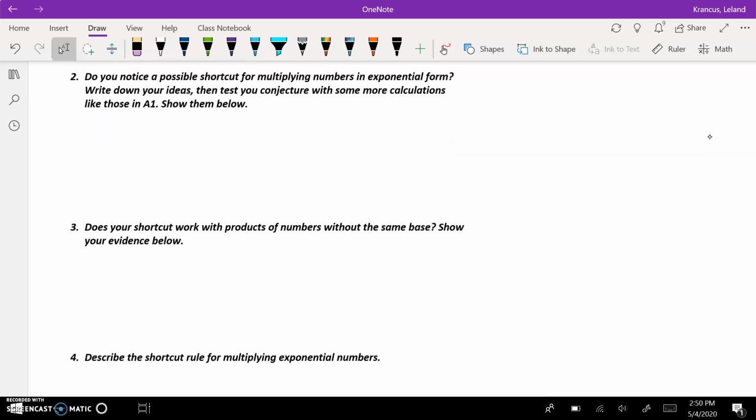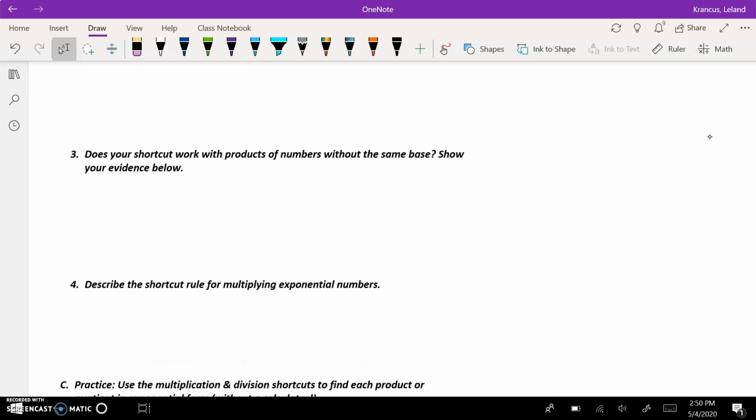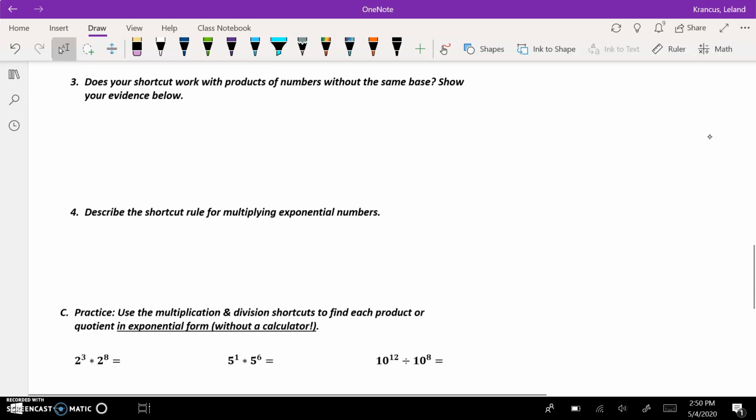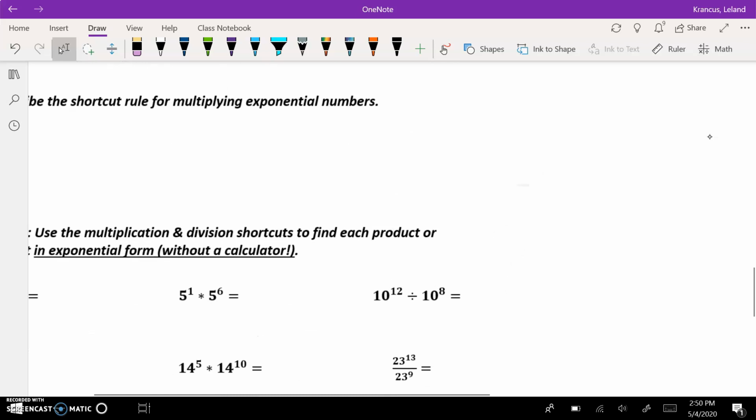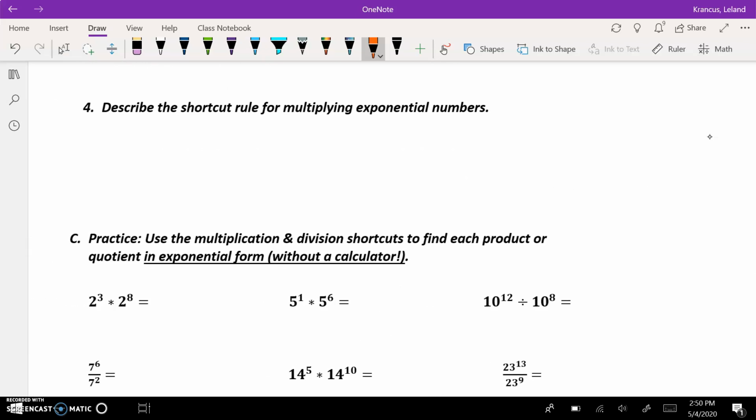Try to see if any pattern that you see emerging works by choosing a couple more calculations to do, and see if the pattern is consistent. Try it with numbers that don't have the same base, so numbers that aren't in the same row, and then see if you can describe the shortcut rule for dividing exponential numbers.